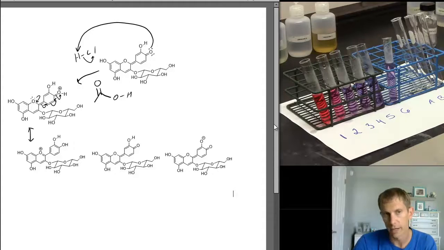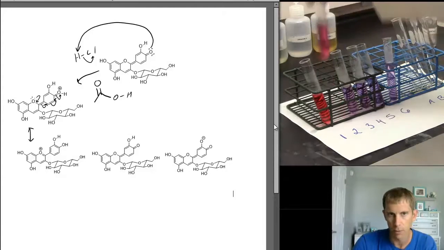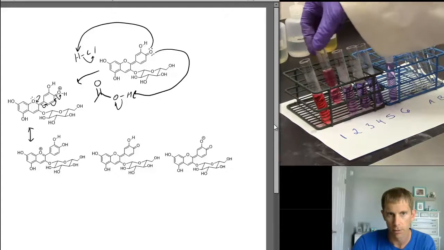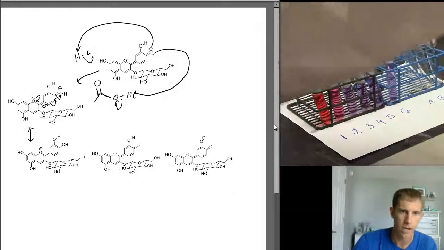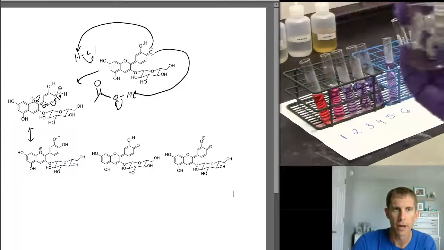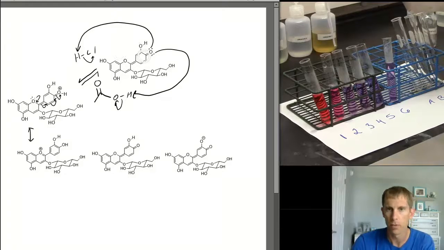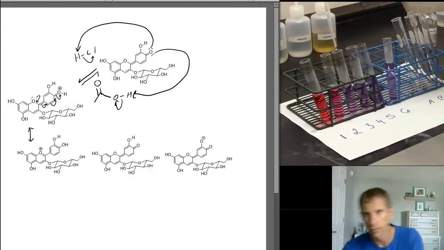So if you're asked to draw the arrow pushing mechanism, it'd be remarkably similar to what we drew with hydrochloric acid. We'd show that those electrons are going to take that proton, and we're going to get to the same conjugate acid. But when we think about that arrow there, we're actually not fully converting. We actually have now an equilibrium balance between the two, the base and the conjugate acid.